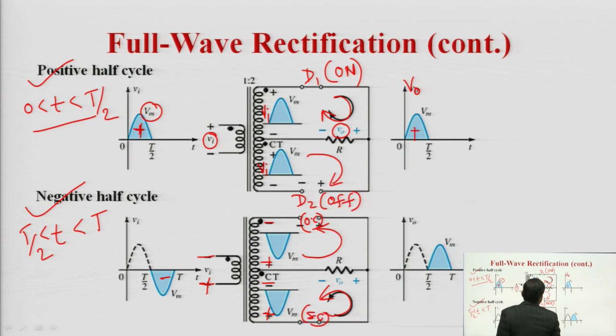Once diode D2 is a short circuit, we can find a relationship between V naught and Vi, and we can say that V naught is equal to this particular voltage we are applying. Let us say this voltage was Vm during the negative half cycle. The same output will be reflected to the resistance R. So we can observe that in both the positive half cycle as well as the negative half cycle, we received the same peaks.